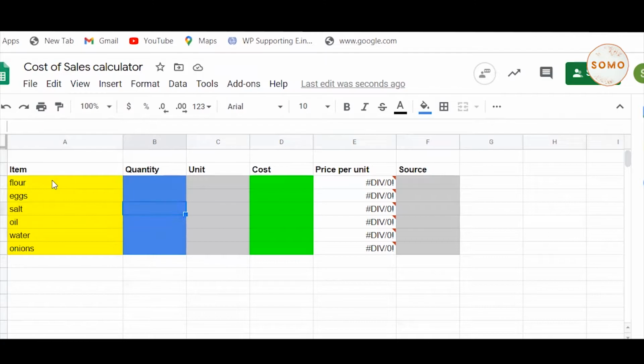The next thing that we'll need to put is now the quantity. So in the case of flour, we will need 1 kilogram. In the case of eggs, we'll need 1 piece. In the case of salt, we'll need 1 tablespoon.